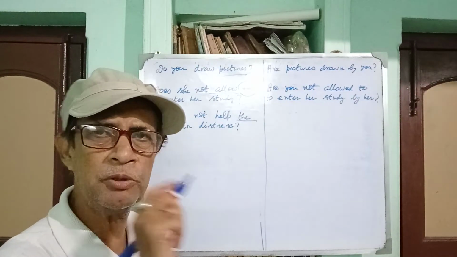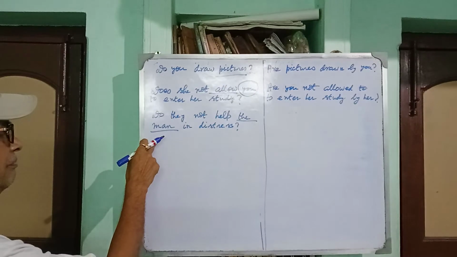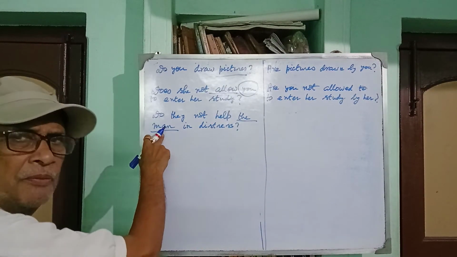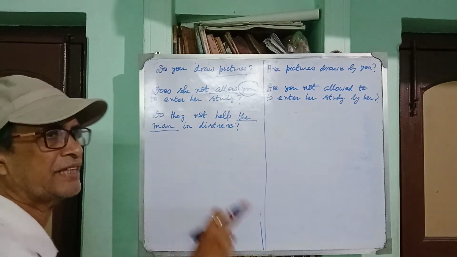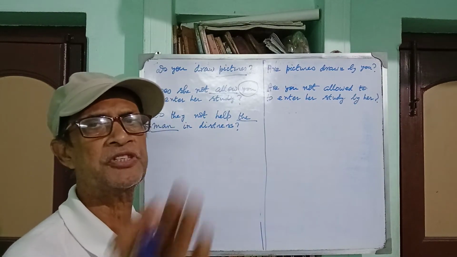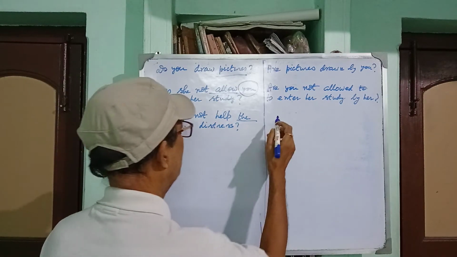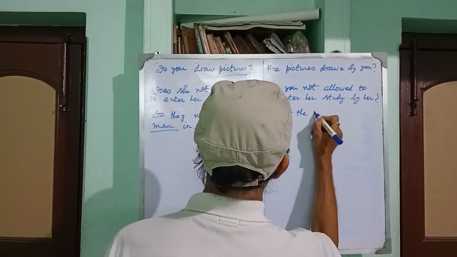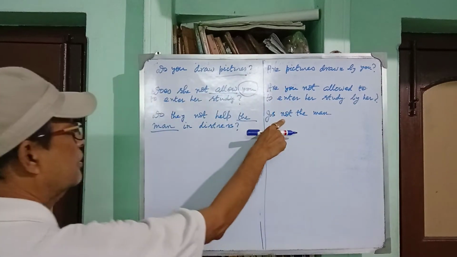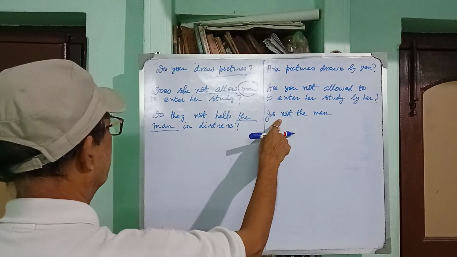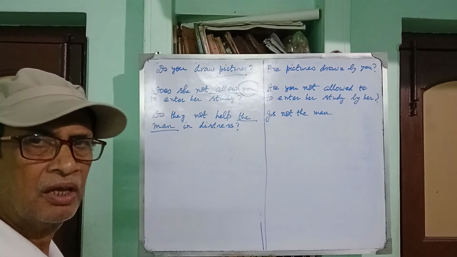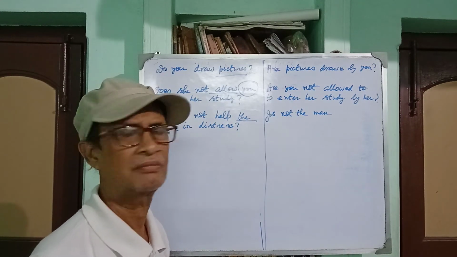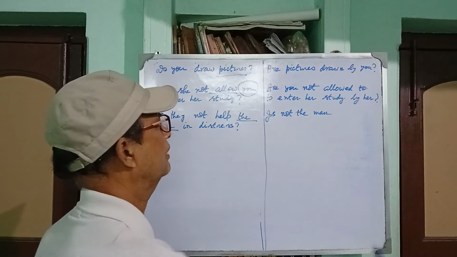It will give you the answer, the man. So the man is singular number, third person singular number, and it will take is, and the is will precede the subject. Is not the man. Not also precedes the subject, because man is a noun. When the subject is a noun, you will have to use not or the negative form before the subject.